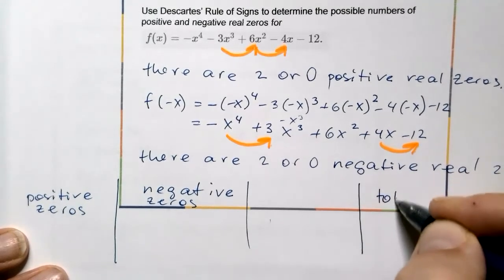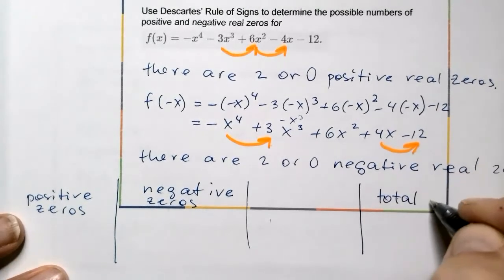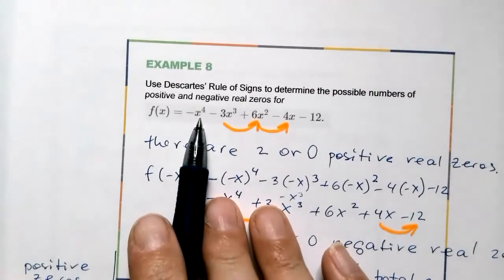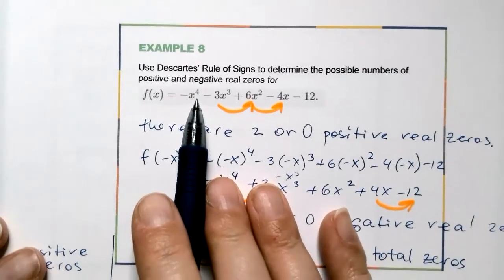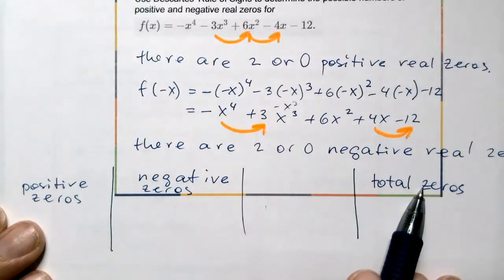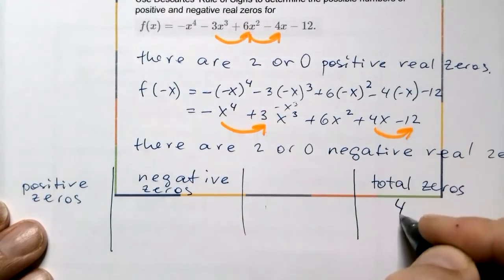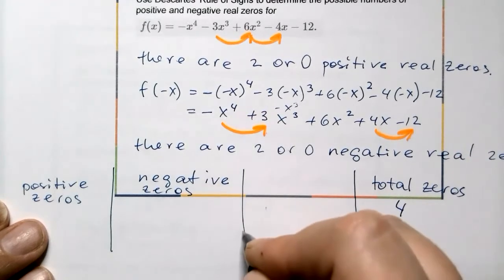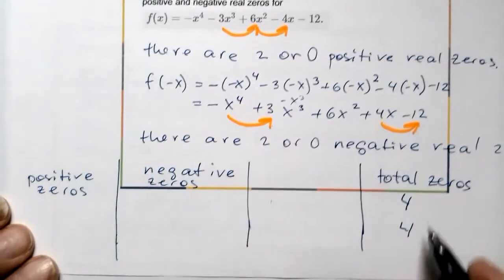And what do we know? Since the degree of the polynomial is 4, the total number of zeros is always going to be 4, no matter what.